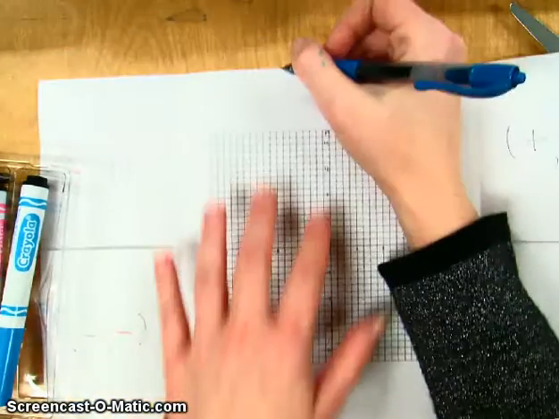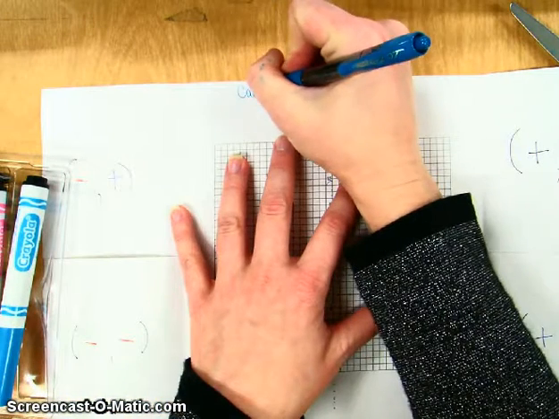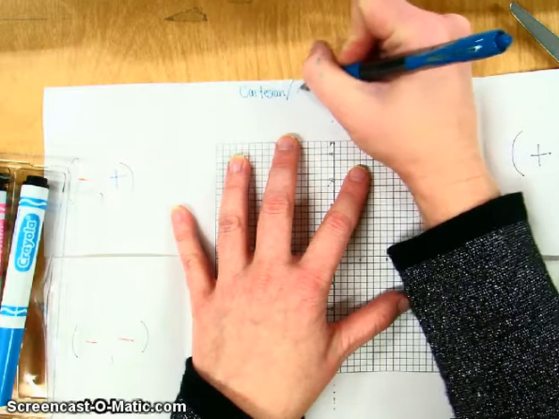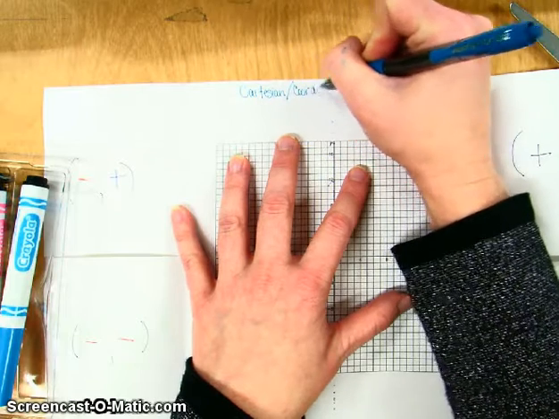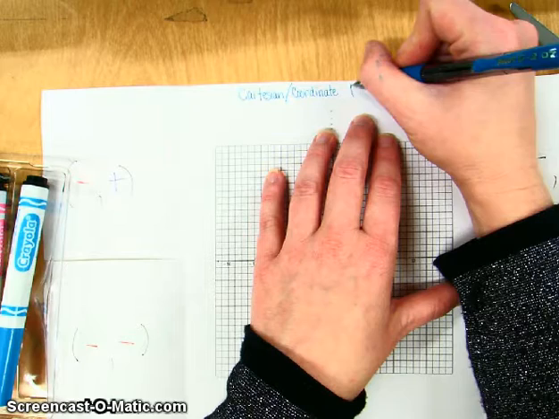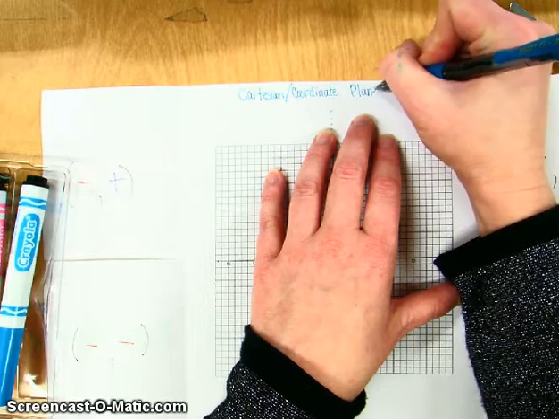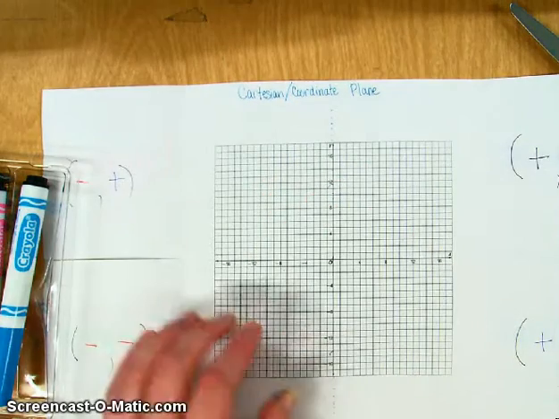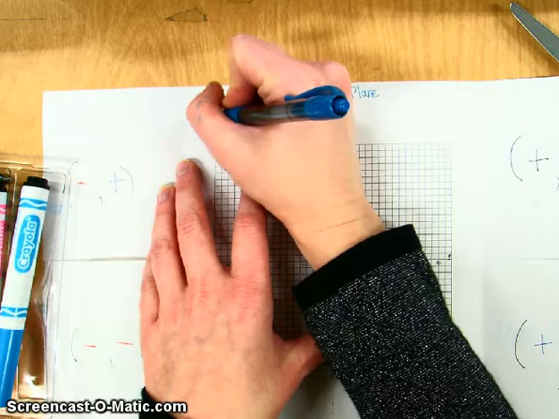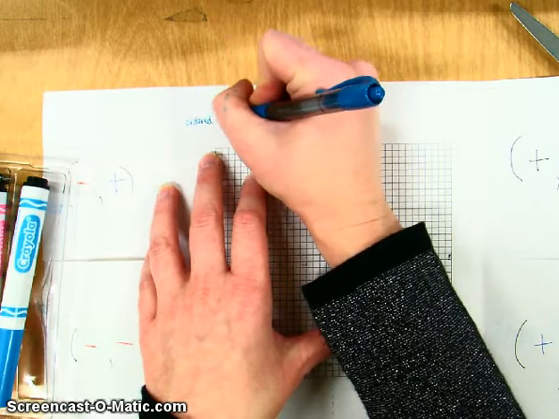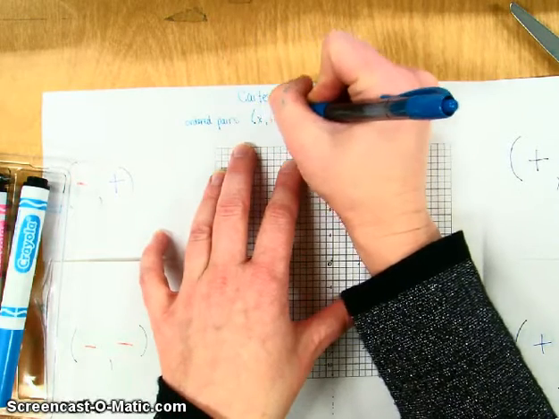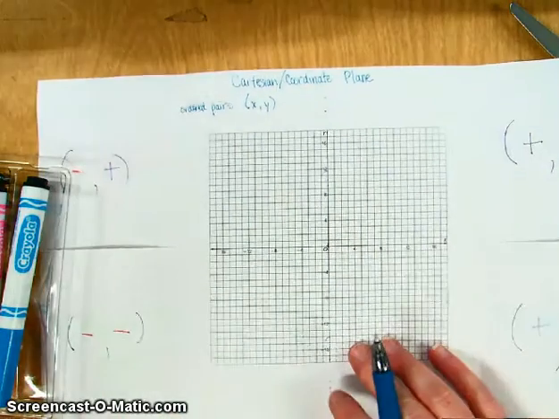This is our Cartesian, or our coordinate plane. Depends on to whom you're talking, what they call it. All right, and we've got our ordered pairs. And a pair is two numbers.